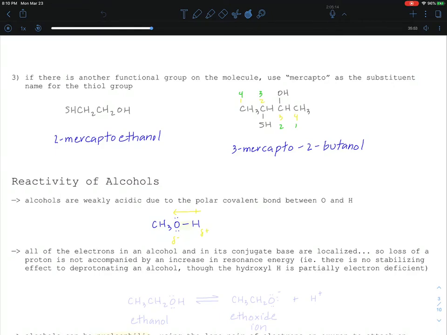What does that mean? The electrons are not being shared evenly in that bond. That's a polar covalent bond. The oxygen is hogging the electron density, right? So the electrons are not being shared evenly. That partial positive charge on the hydrogen makes the alcohol weakly acidic. We also know that we can hydrogen bond with an alcohol because we can have these guys hydrogen bond with themselves.